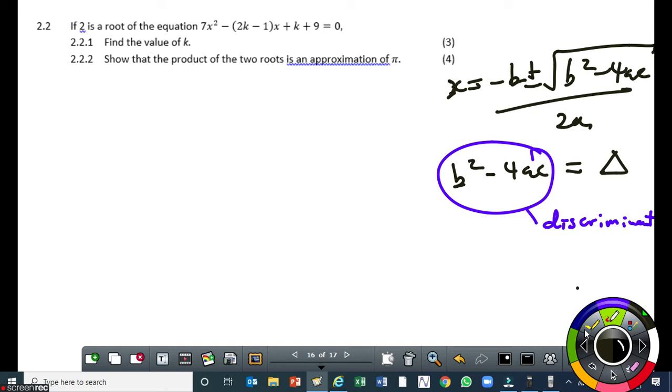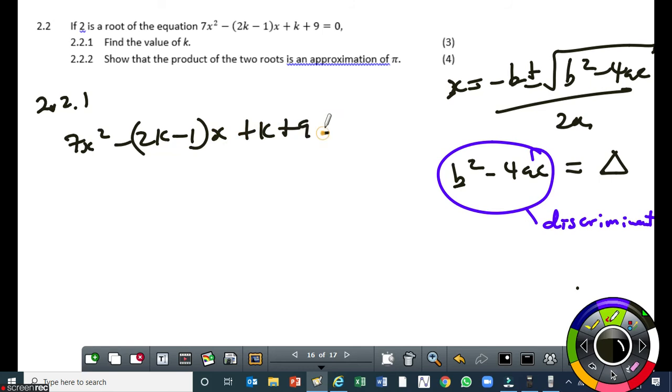Let's do this question. If 2 is the root, it means 2 is the solution of that quadratic equation, but we don't know what the value of k is, so we need to find that value of k. It's not complicated. All you have to do is substitute x equal to 2 into that quadratic equation. So we have 7x squared minus 2k minus 1 times x plus k plus 9 equal to 0.